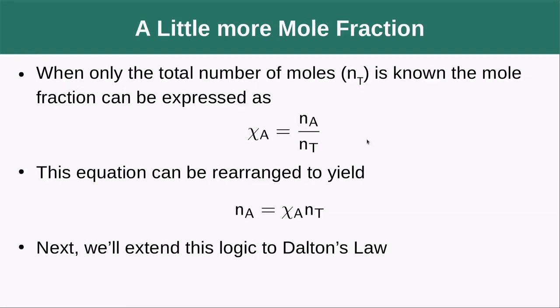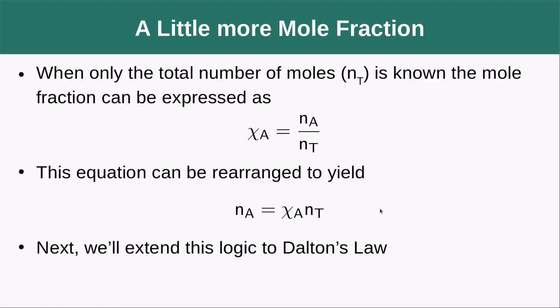When only the total number of moles is known for the mole fraction, it can still be expressed as the moles of any particular component over the total number of moles. This can be rearranged to yield that the moles of A is equal to its mole fraction times the total number of moles, which is how this operates like a concentration unit.